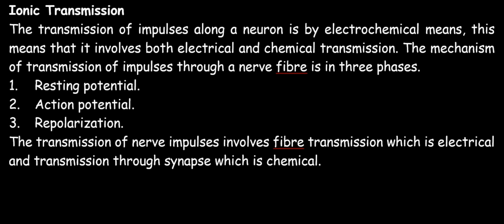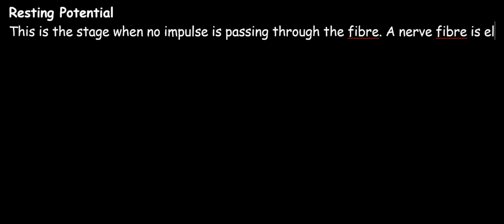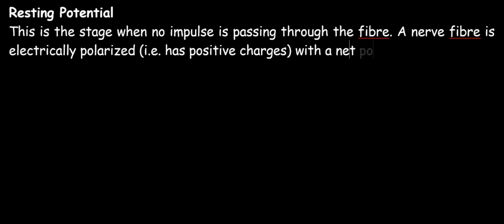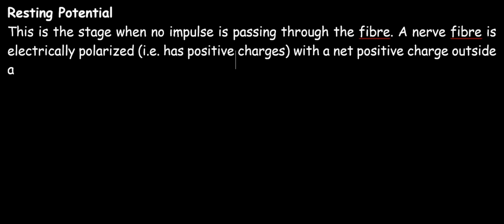Now let's talk about the individual phases. The first phase is the resting potential phase. The resting potential stage is the stage when no impulse is passing through the nerve fiber. A nerve fiber is electrically polarized, with a net positive charge outside and a net negative charge inside the cell membrane.